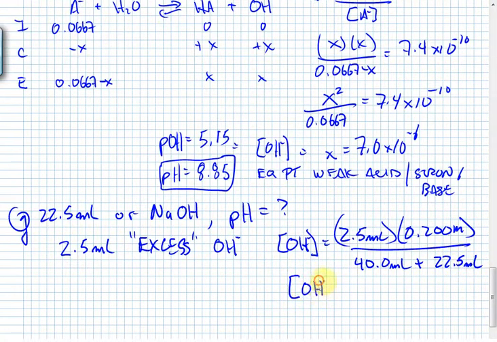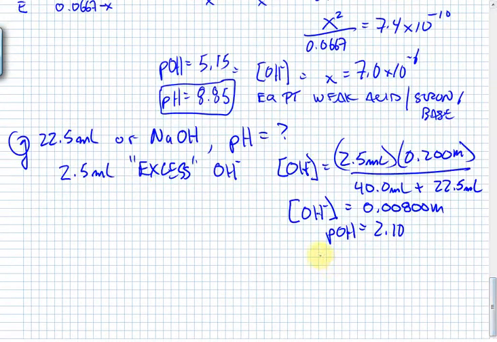Therefore, my concentration of hydroxide is 0.008 molar. The pOH is equal to 2.10. The pH, therefore, is 11.90. Okay, very basic.